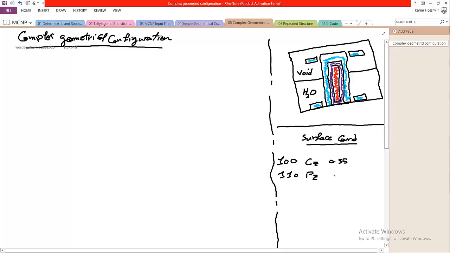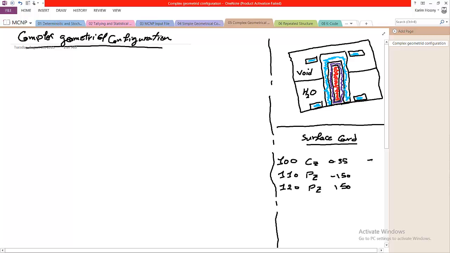Let's say this fuel rod is about 300 centimeters, therefore if we want it to be concentric about the center, it will be, let's say, negative 150 centimeters, and 120 PZ, plane perpendicular to the Z axis, at 150 centimeters.